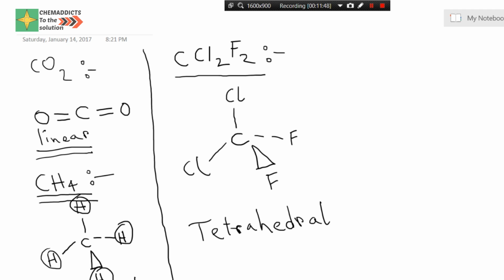So both of them will have the same shape, tetrahedral, since all the electron pairs over here are bond pairs. That's the reason the shape would be tetrahedral.